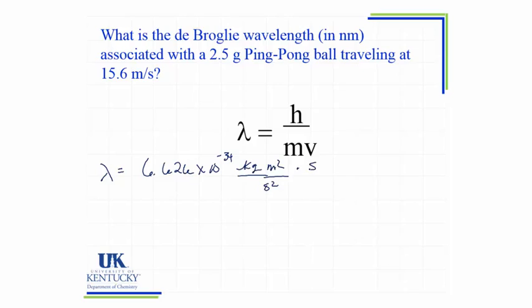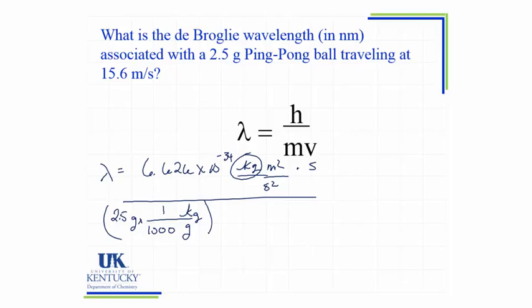That's the Planck's constant units. Divided by mass. Now it's a 2.5 gram ping pong ball, so 2.5 grams. We don't want it in grams because of this kilogram here. So we'll convert it to kilograms. A kilogram is 1,000 grams, so that'll give me my mass in kilograms. And velocity, it's 15.6 meters per second.